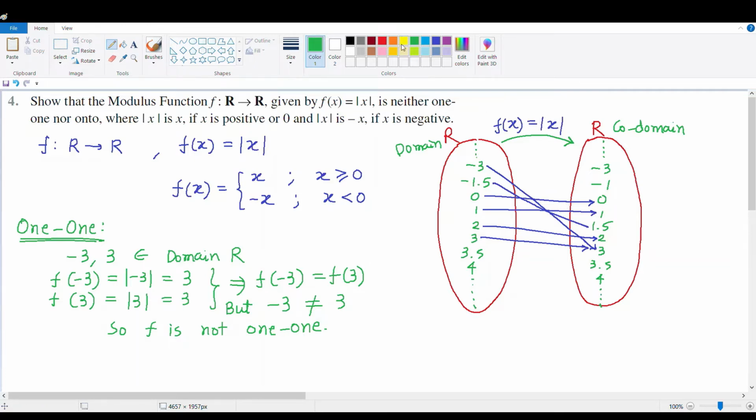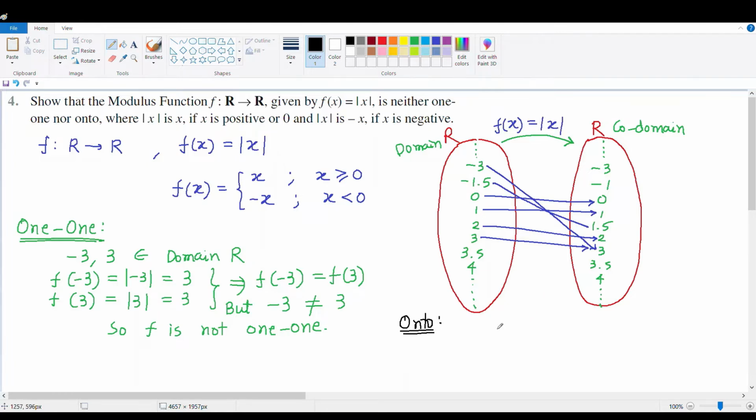So we are going to write that here for the onto function. And since we know that it is not onto, we just need to show the counter example. When it was onto, then we had to prove it, but this is not onto. That means we just need to show the counter example.